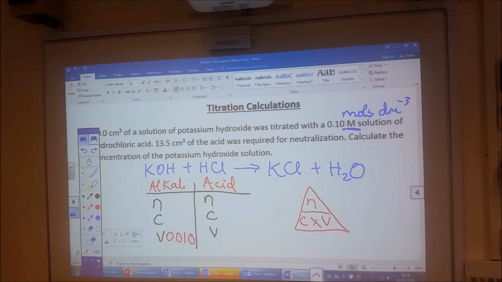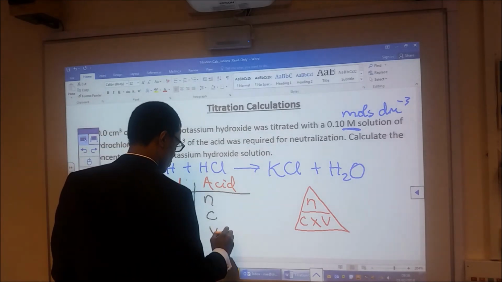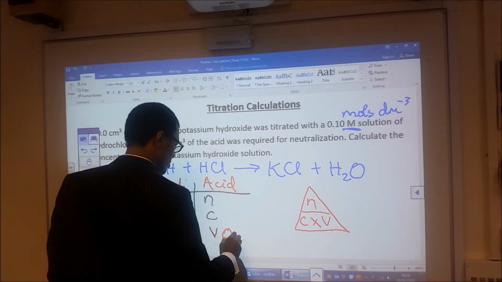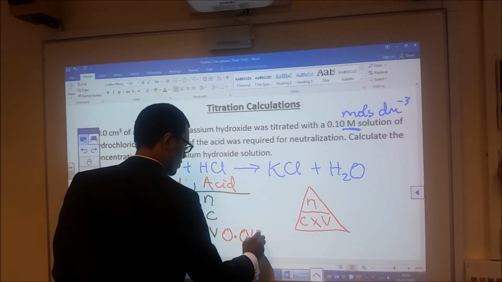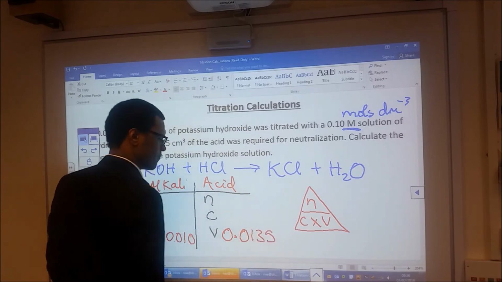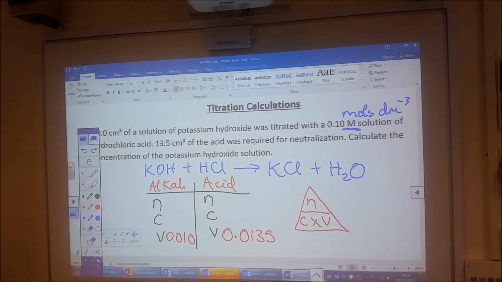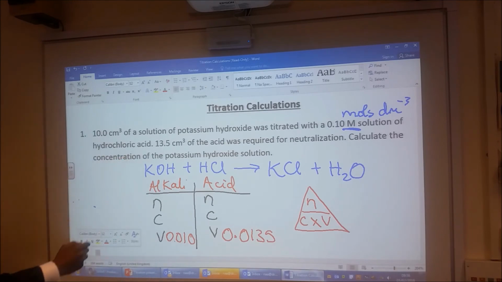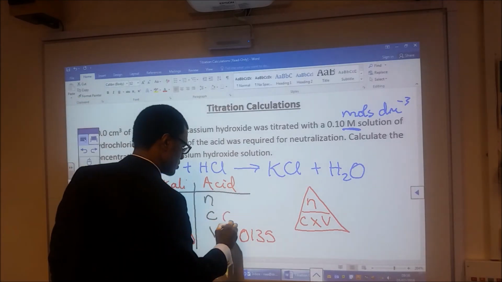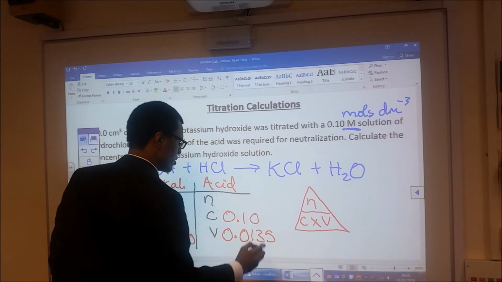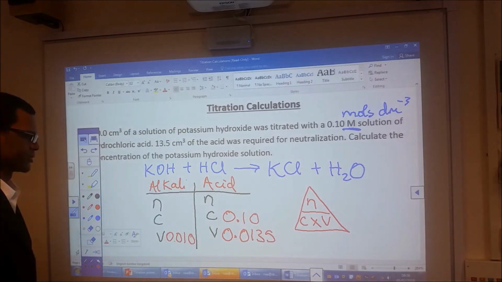And our volume of acid, which is 13.5, so we're going to have that as 0.0135 in decimeters cubed, and our concentration of the acid, which we are told is 0.10.